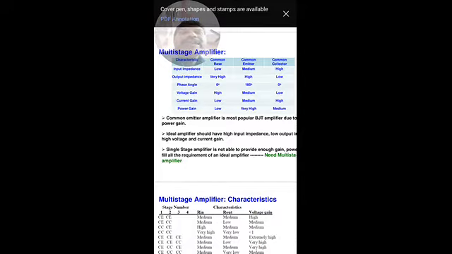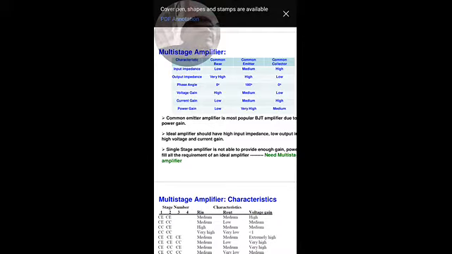Coming to the phase angle, it is zero. There is no phase shift in the common base amplifier and the common collector amplifier. We are not going to have any phase shift between the input and amplified output signal, but we have a phase shift of 180 degrees between the amplified output signal and input in the common emitter amplifier.